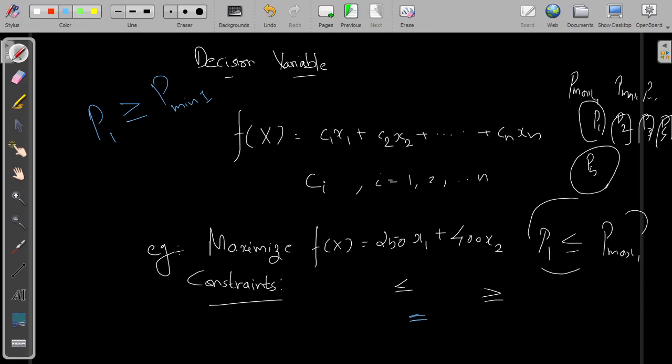Now, for example, we have a11 x1 plus a12 x2 plus etc. plus a1n xn less than or equal to, or it can be greater than or equal to, or it can be equal to some b1.